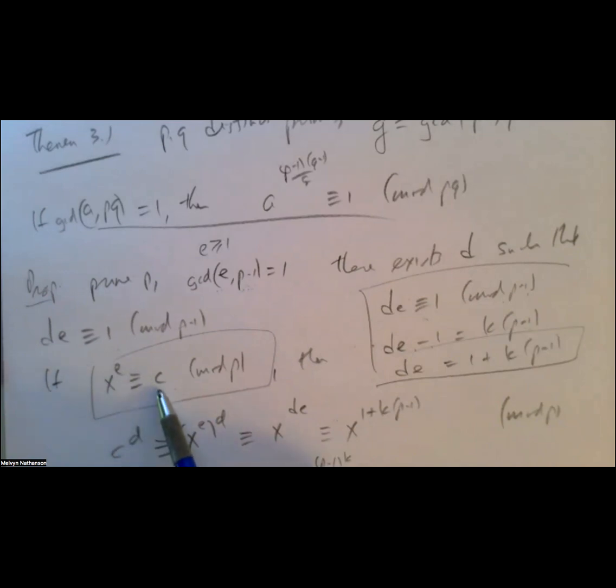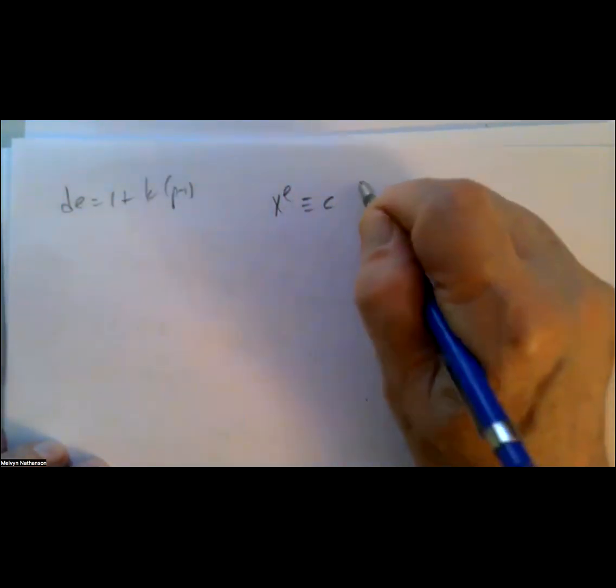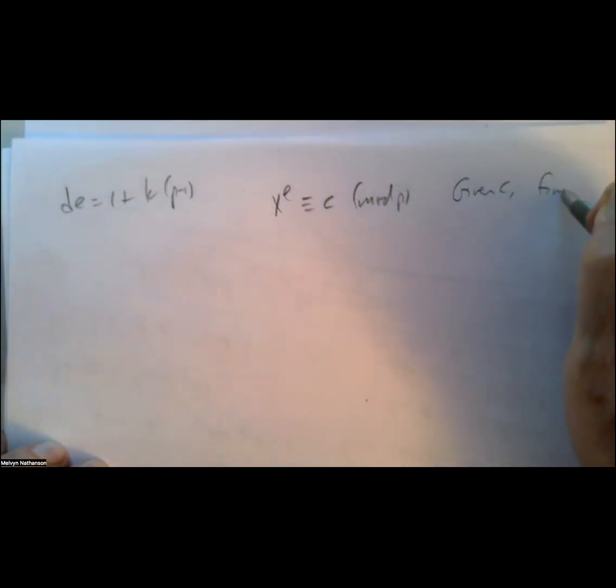X to the E is congruent to C mod P. So we know what E is, and we're told that X to the E is C, and we want to find X. So we have DE is 1 plus K times P minus 1, and X to the E is congruent to C mod P. We're given C, we want to find X.